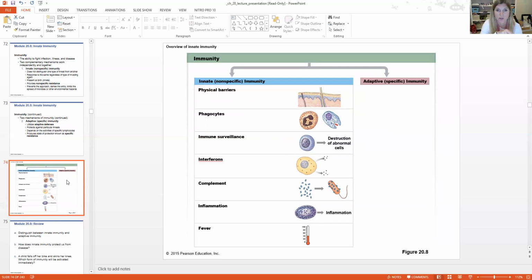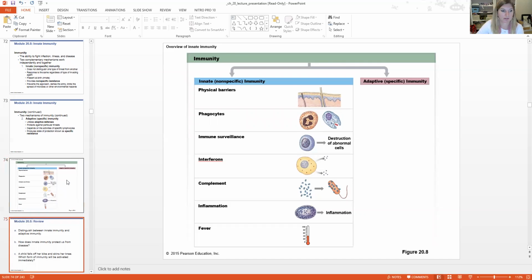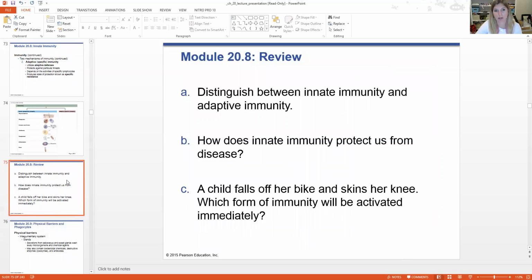Interferons, which are little cell hormones which destroy other virus-infected cells. Complement, which is something that we'll talk about in this chapter. Inflammation, as well as fever, all non-specific. So they're all going to respond the same way no matter what the invader or pathogen is. You can pause the video here, go back and review this section.